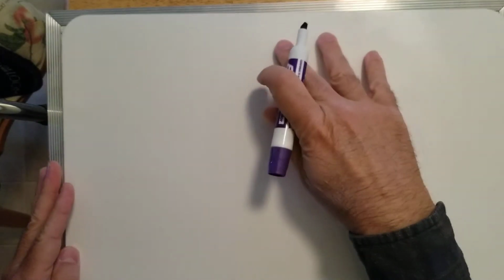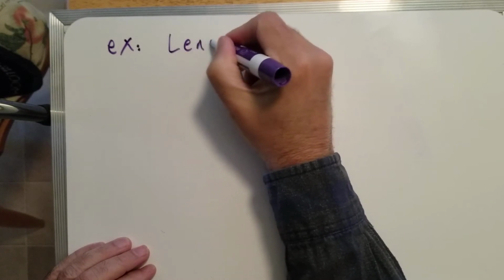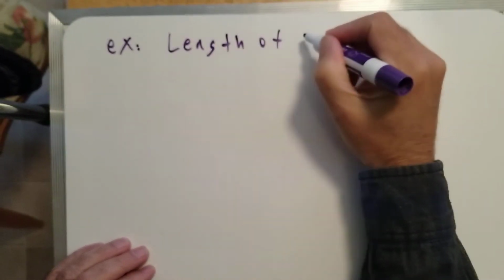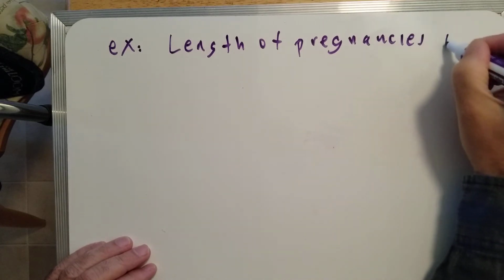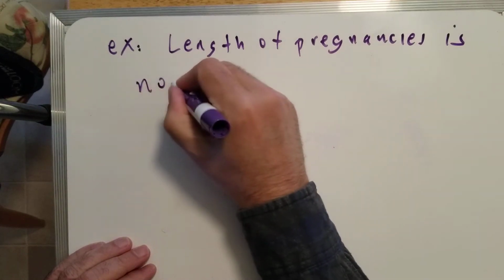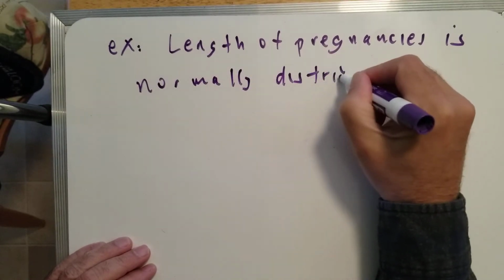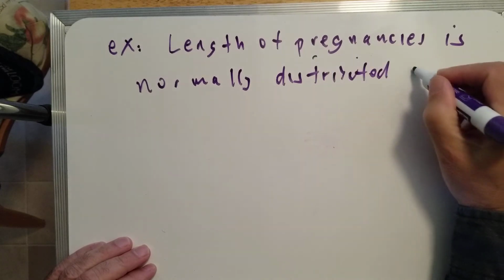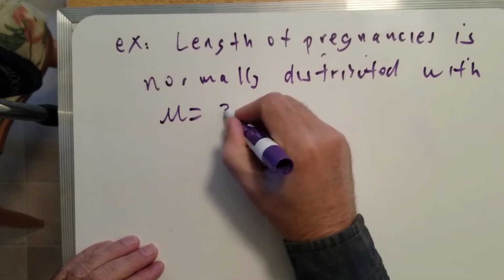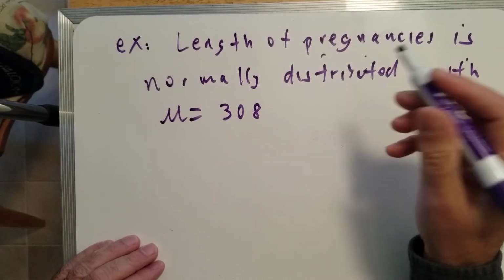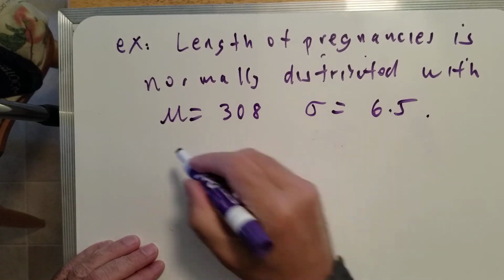For this one, the example is the length of pregnancies is normally distributed with mean equal 308 days and standard deviation equals 6.5 days.